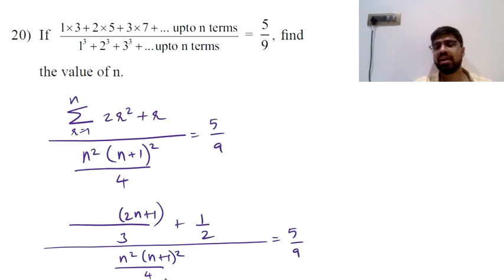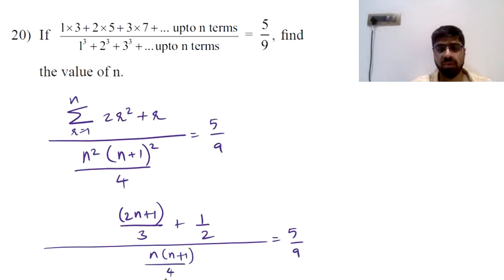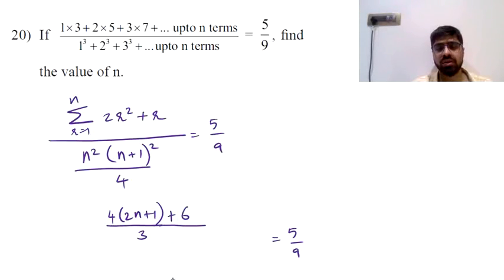The 2 is not getting cancelled, so let that 1 by 2 remain the way it is. We are left with (2n plus 1) upon 3 in the numerator. N plus 1 gets cancelled, so we have n plus 1 divided by 4. Take that 4 in the numerator, so you have a 4 here, and that 4 gets multiplied with this, giving you a 2 here. And if we combine the two terms here, this will be a plus 6 here, and n plus 1 written in the denominator like this.